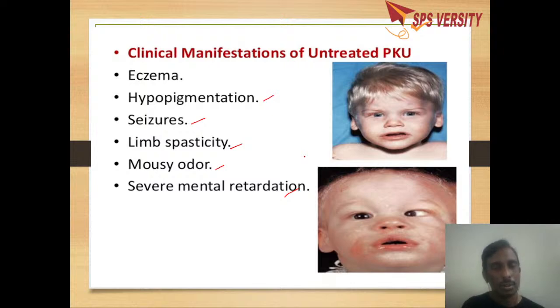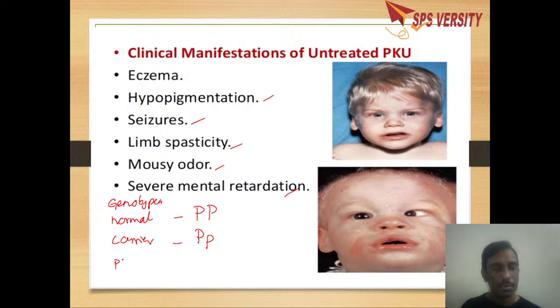And as phenylketonuria is an autosomal recessive disorder, while you are doing a crossing, you can write the genotypes. Normal means capital P, capital P. Carrier, capital P, small p.